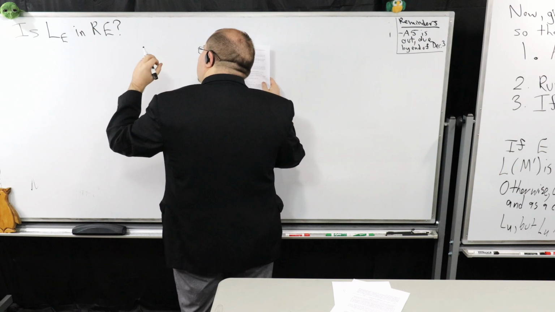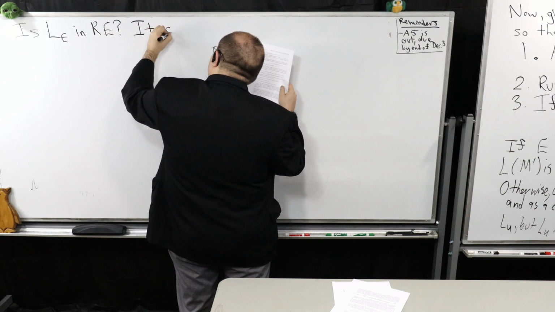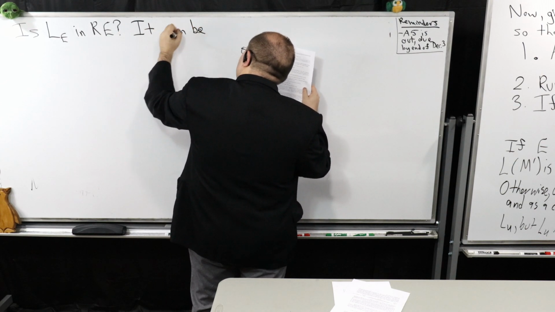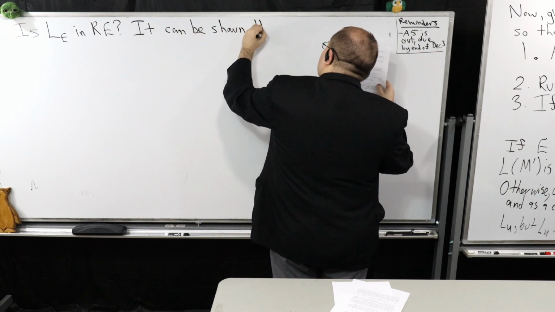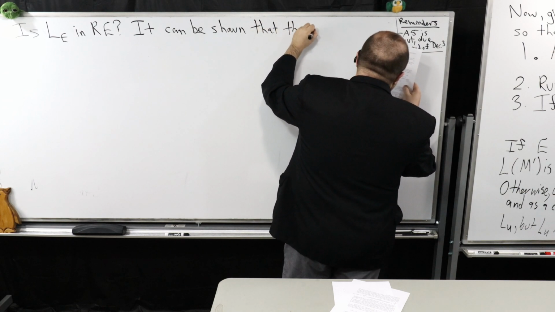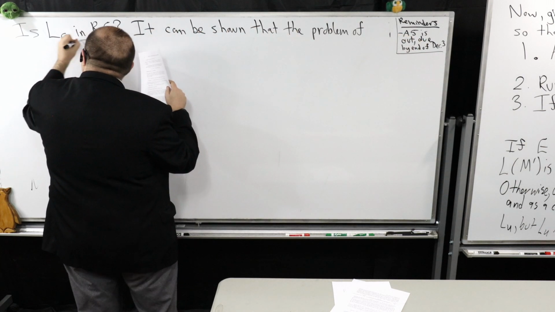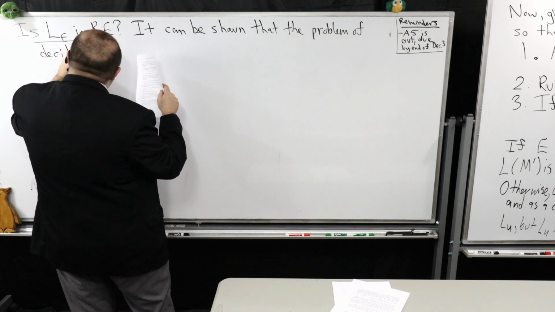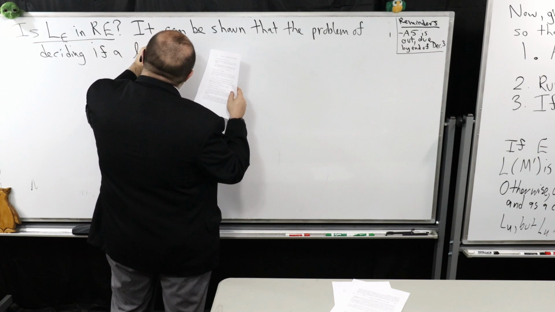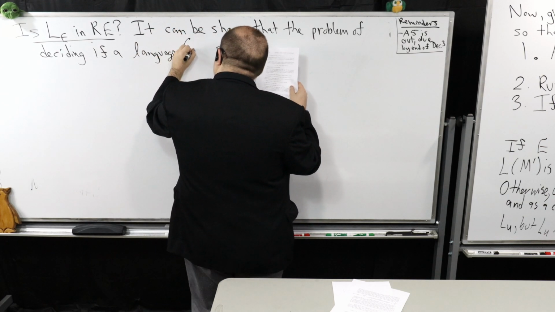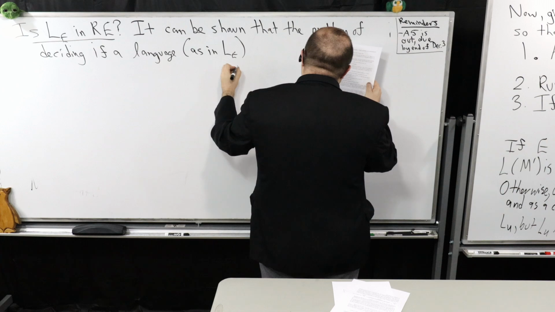So here's the thing I want to point out to you. I'm just going to note this down. I'm going to say it can be shown that the problem of deciding if a language, as in LE, is not empty.